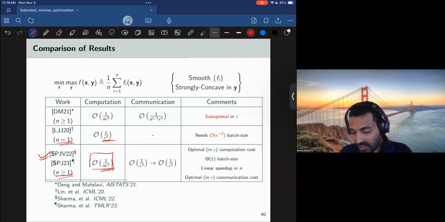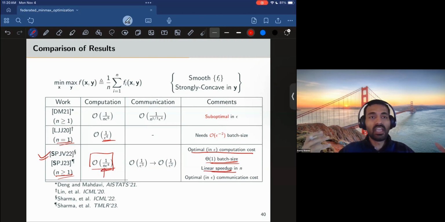As I said earlier, this computation cost is optimal. Also, we did not require a large batch size. We could work with a constant batch size. We also get an n in the denominator, which means that as we have more and more clients, every client has to do fewer computations.